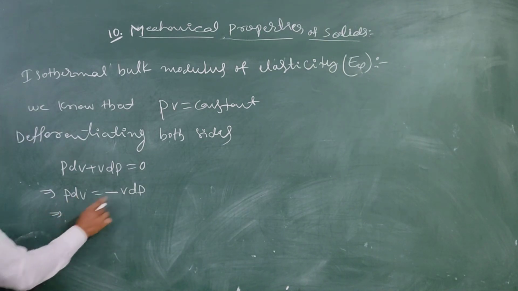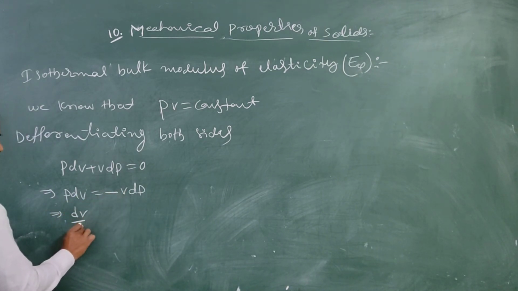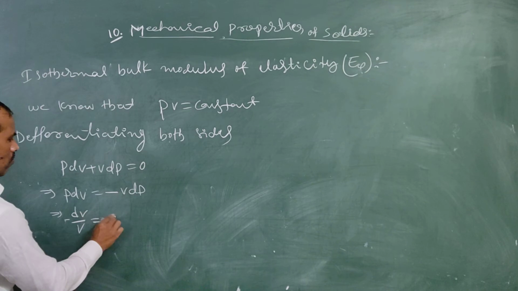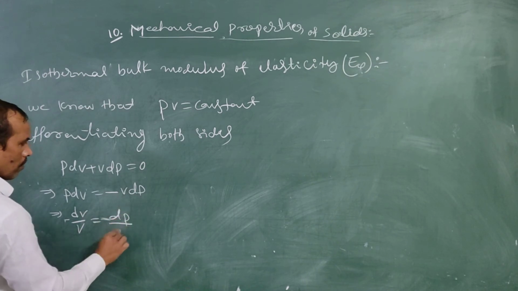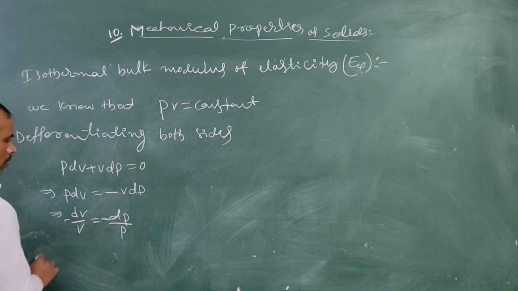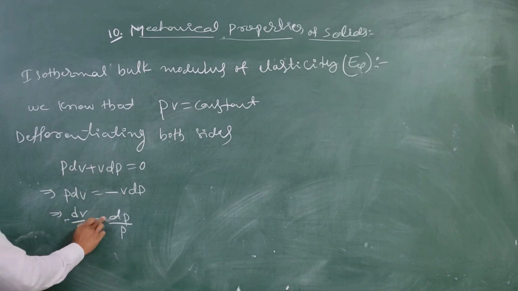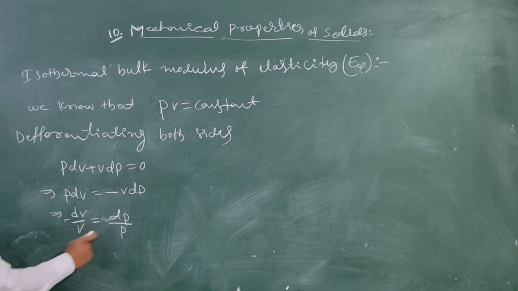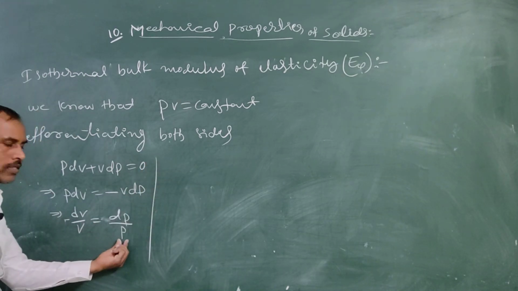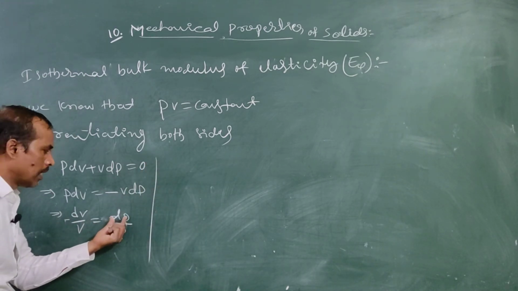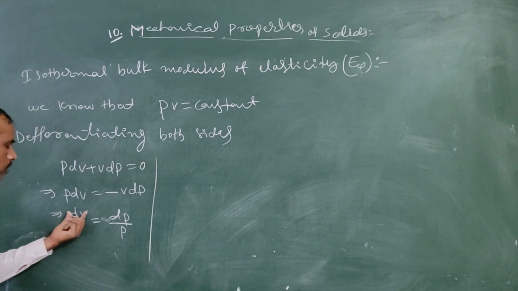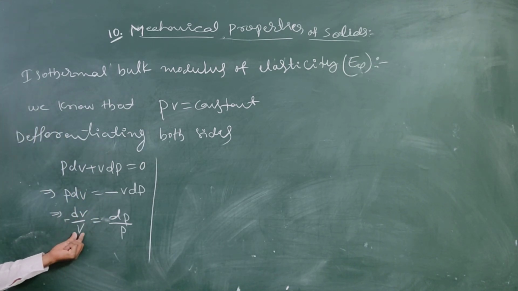Now dV by V is equal to minus dP by P. Here P is the pressure, dP means change in pressure, dV means change in volume.